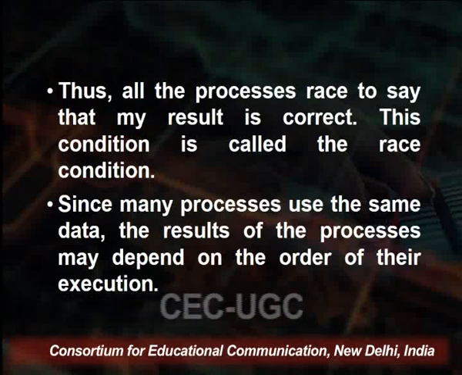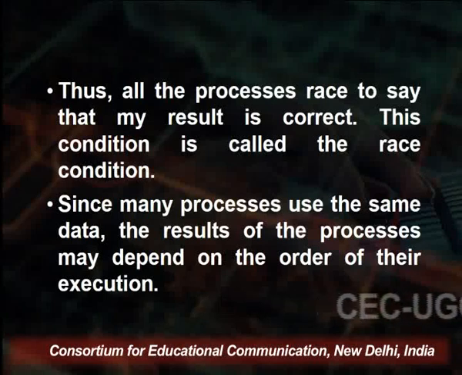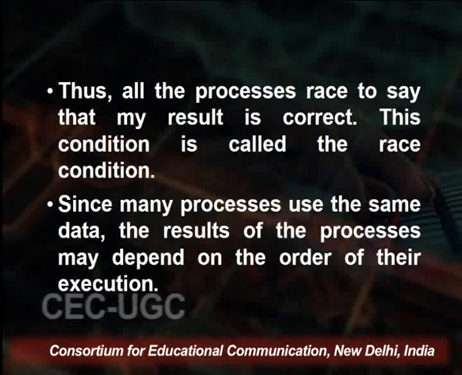So the final figure of that amount will depend on the order of execution of these processes, because if the multiplication happens earlier, the result will be different, or if the subtraction happens as the first transaction, it is going to yield a different result. So all the processes are trying to prove that the result generated by them is correct, and such a situation is called the race condition.